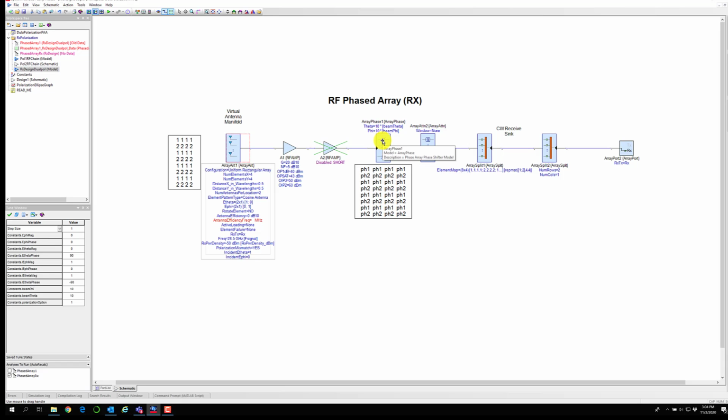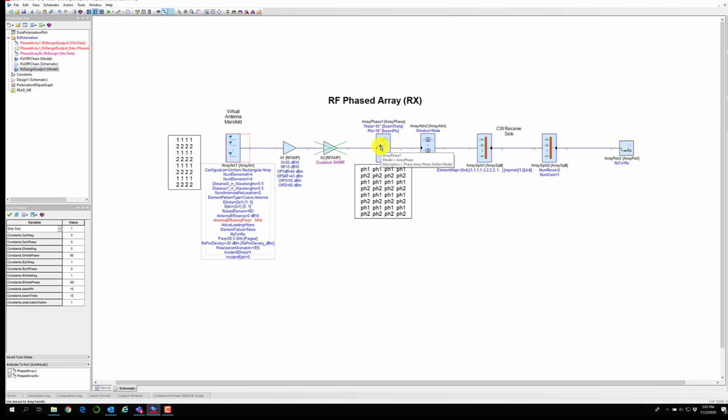In this phase shifter in System View, if you specify the direction from which the beam is coming towards the antenna, it will form a beam towards that plane wave so that it maximizes the energy. So the main lobe will be formed in the direction of 10 degrees azimuth and 10 degrees elevation.